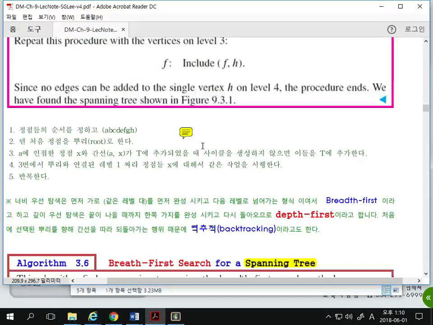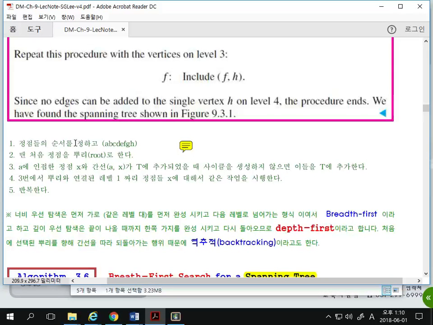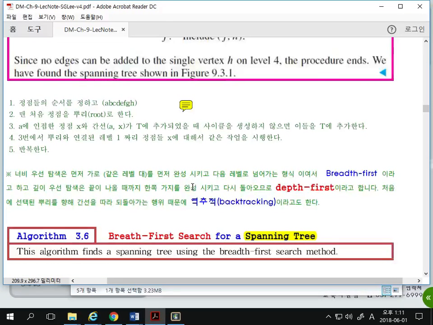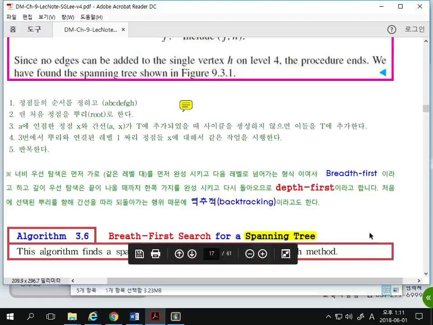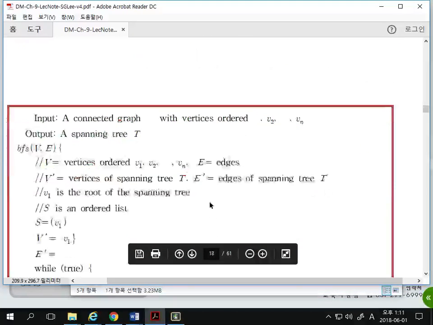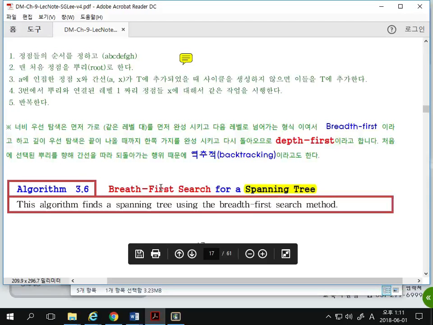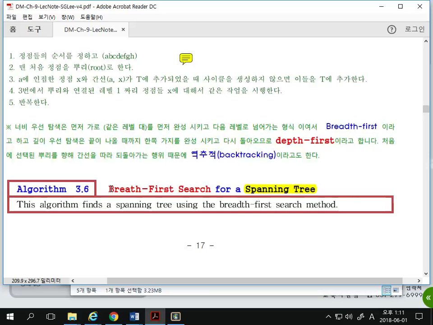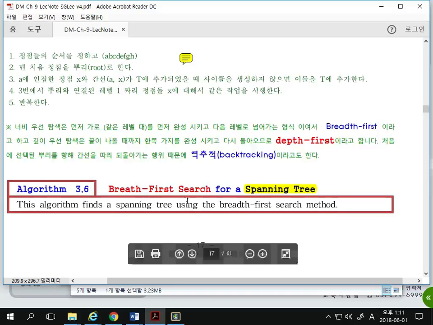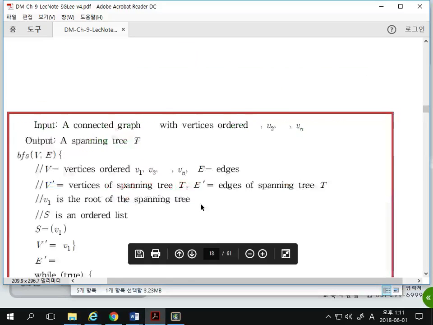In here, we start from the root, like what you saw. It finishes the first level, and then the second level, and third level, etc. And from that, this breadth first search algorithm can be used for finding a spanning tree, and that's what you have seen.